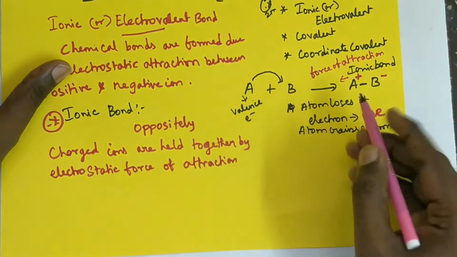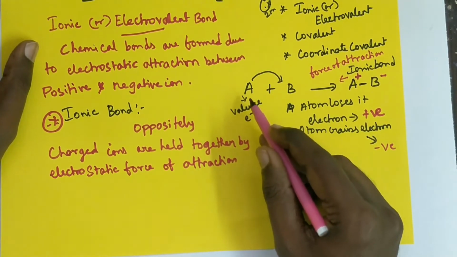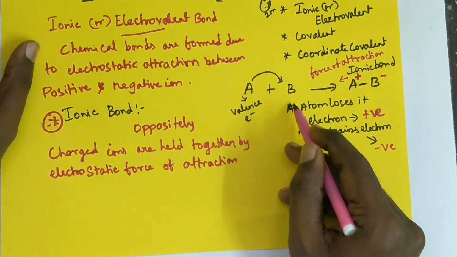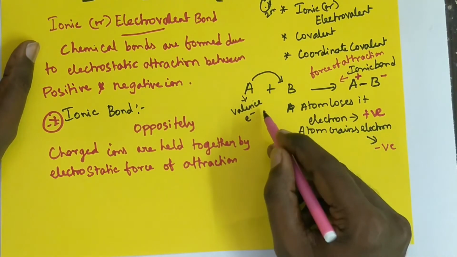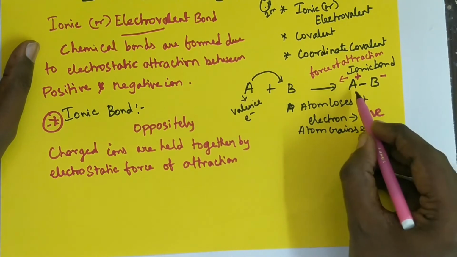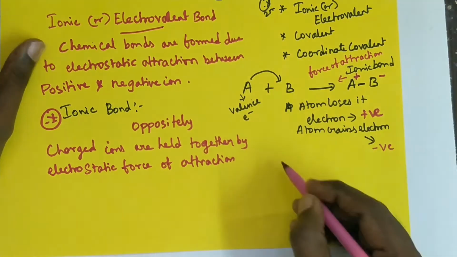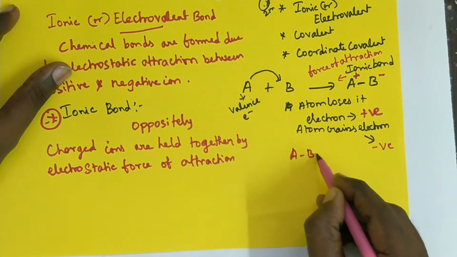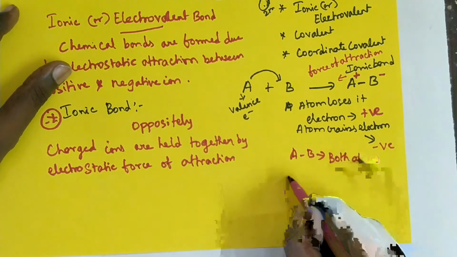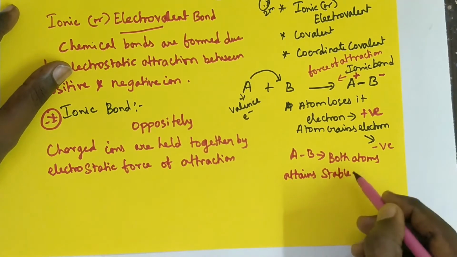One important point: the valence electron of atom A is transferred permanently to the other atom B. Once the bond is formed between A and B, both the atoms attain stable configuration of octet or duplet.